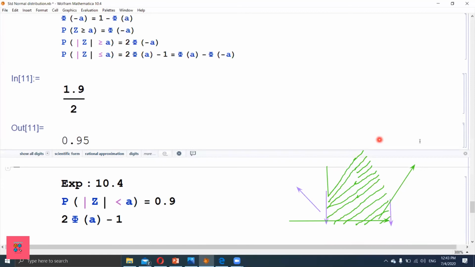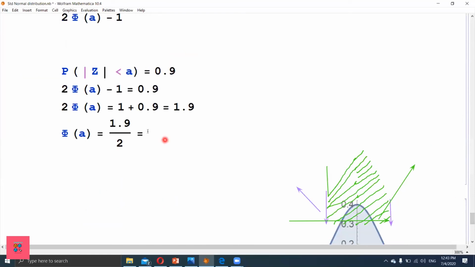Okay, its answer is 0.95. We write it as 0.95.